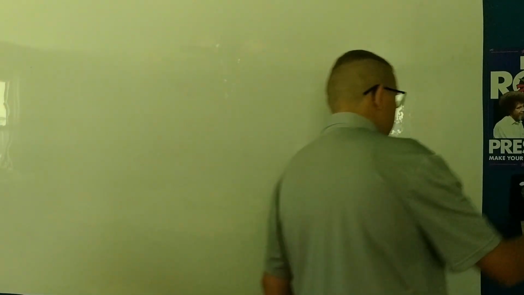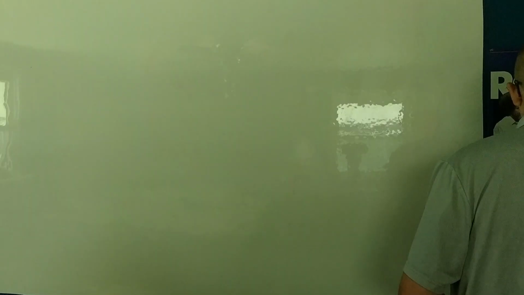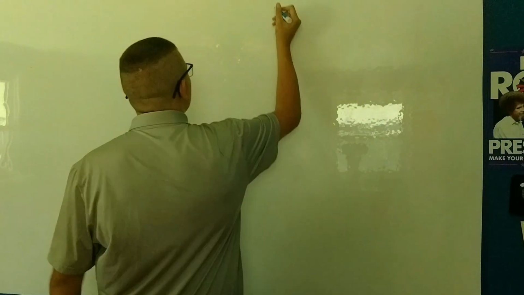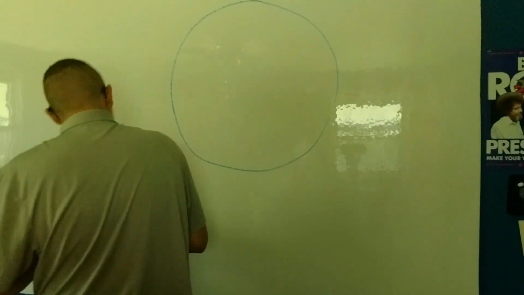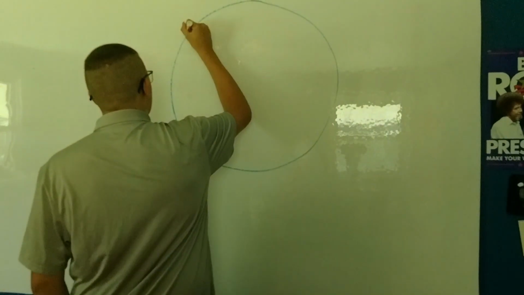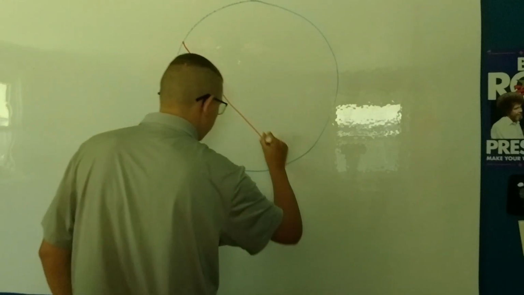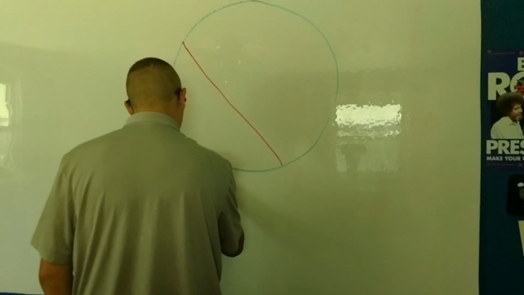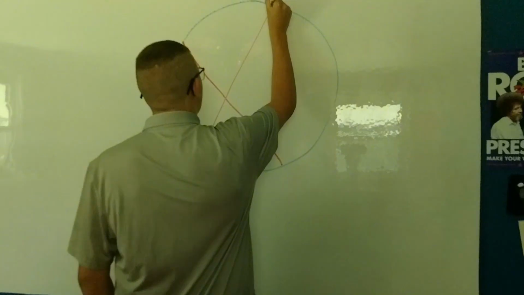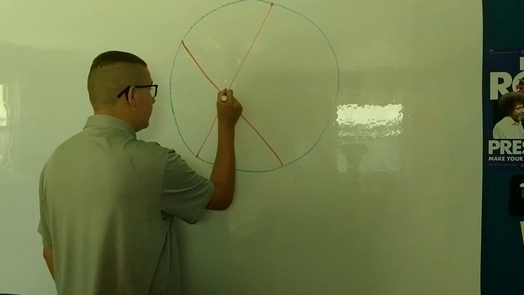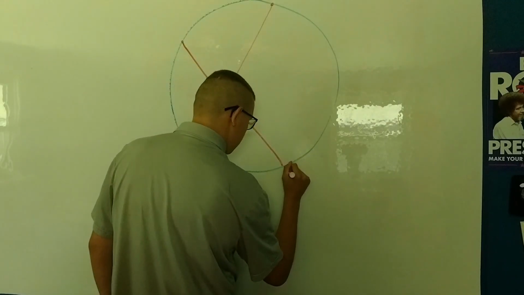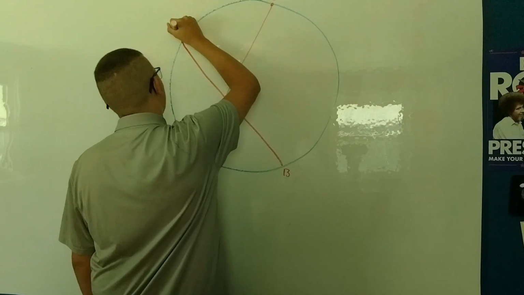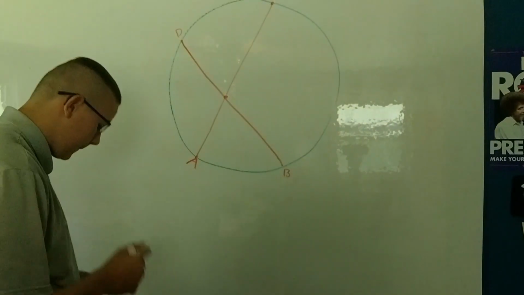So what that means is if we have here a circle like this, and we have two chords of our circle, we'll have one here and one here like that, and they intersect right there, and we'll say this is A, B, C, and D like that.